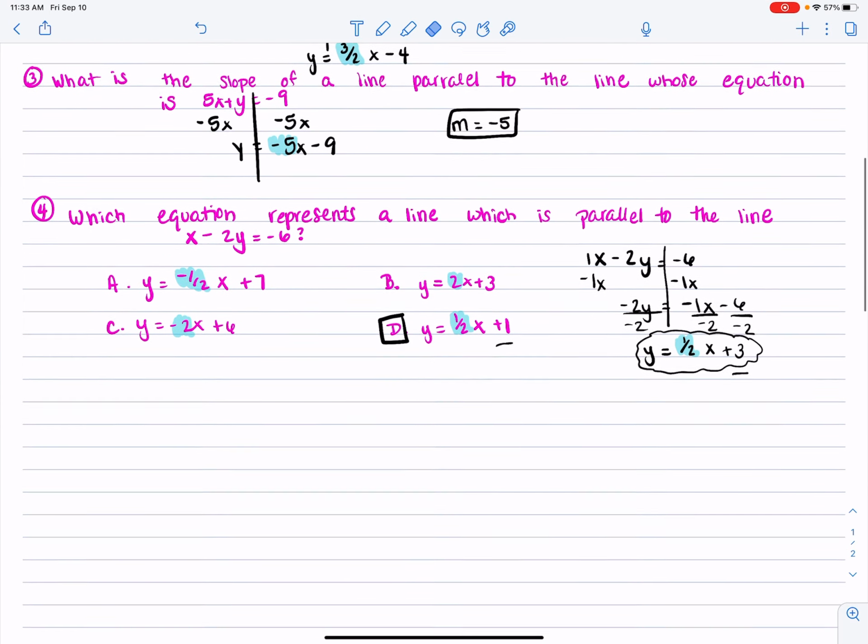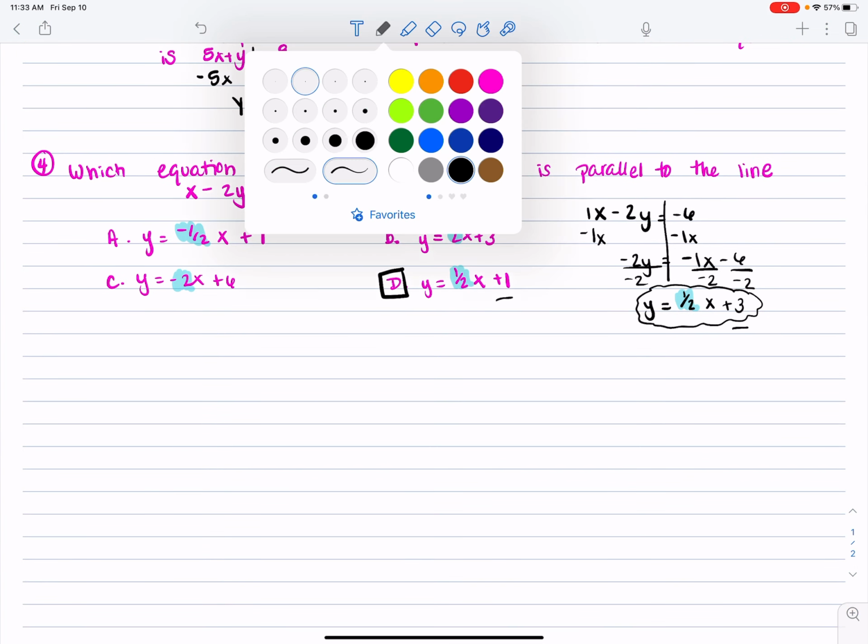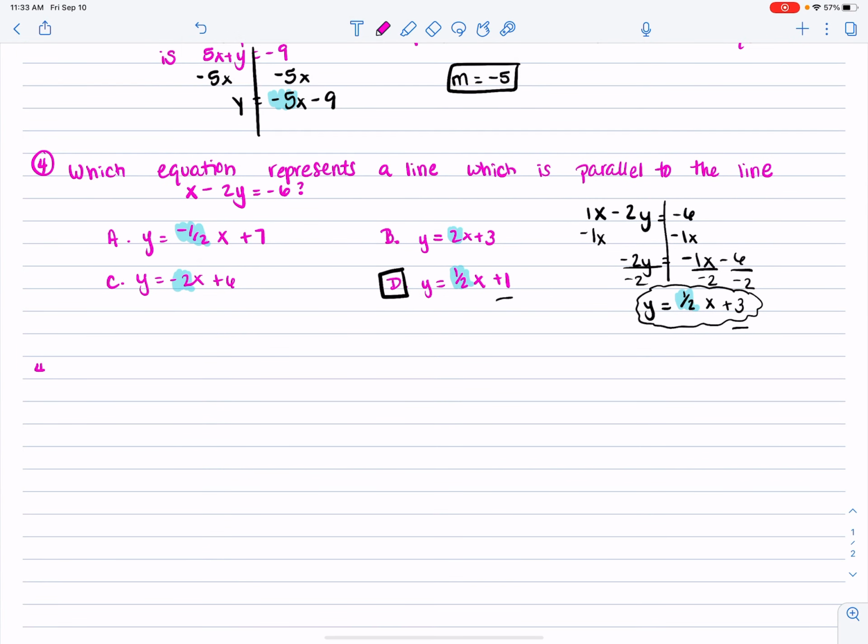Okay, example 4. Which equation represents a line which is parallel to the y-axis?